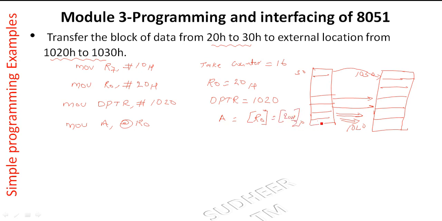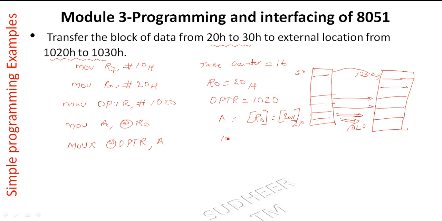So this accumulator is now having the content of 20. We need to move it to the 1020. For that we can use MOVX instruction. So MOVX, which location? @DPTR. From where? From accumulator. So whatever the content of accumulator, that will transfer to 1020 by this instruction.